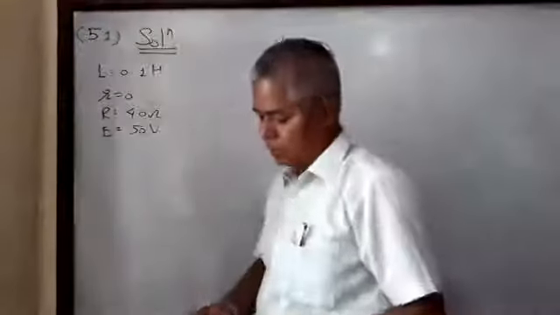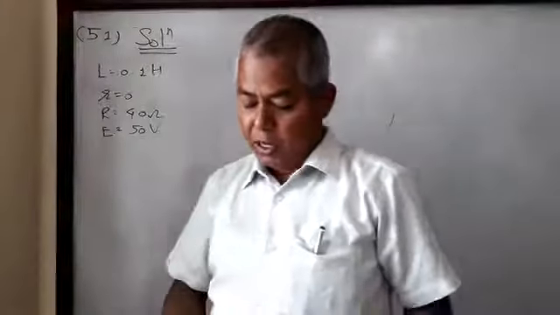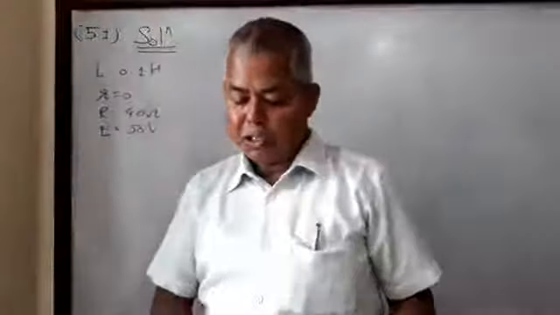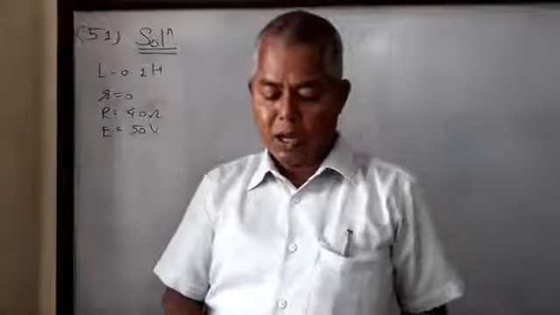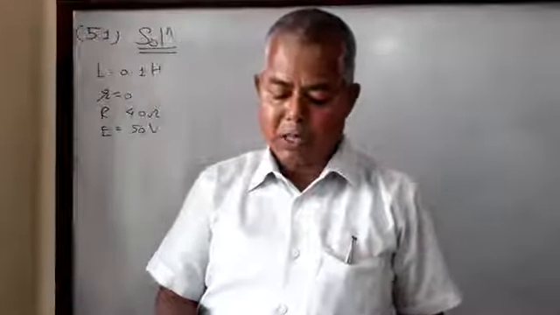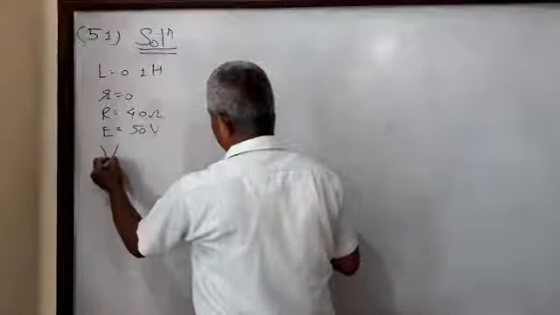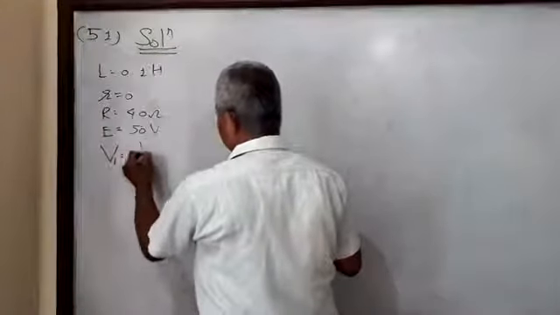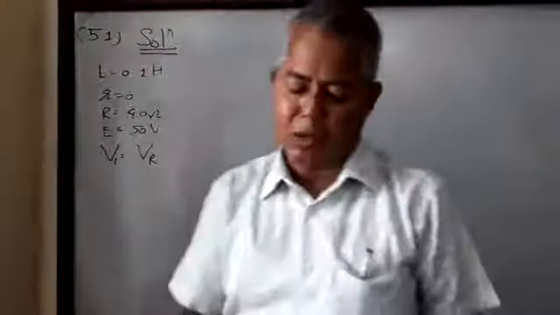This is given to us. The condition in the question is that the voltage across L is equal to the voltage across R, that is, VL is equal to VR. This is given to us.